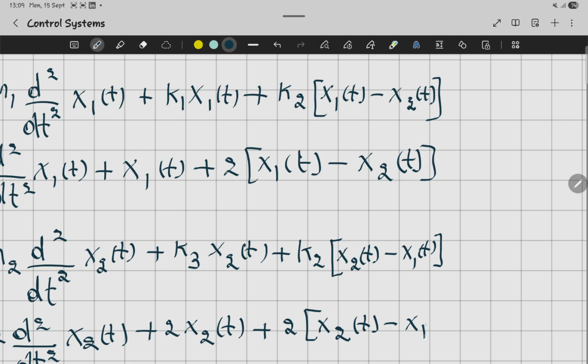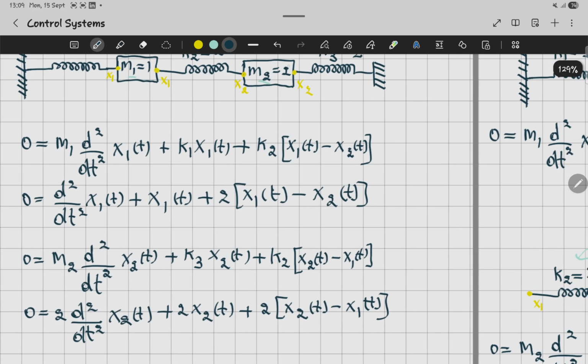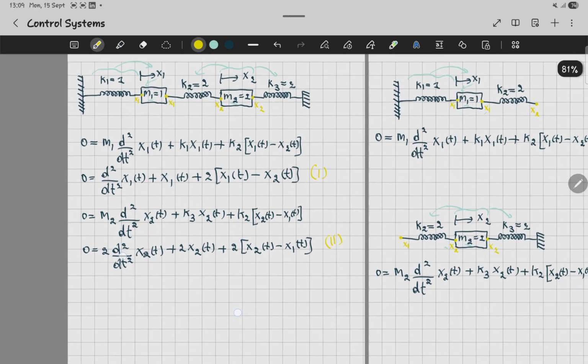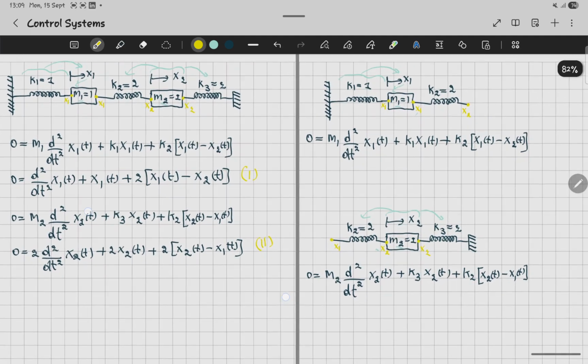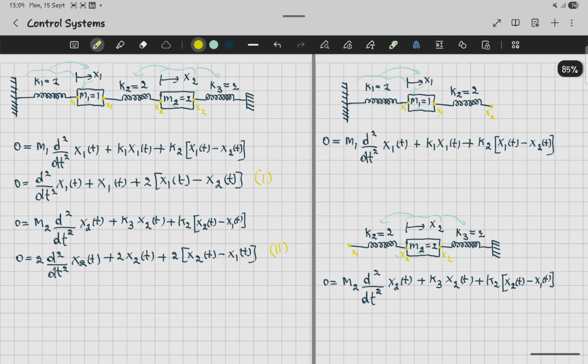And then you can solve for this equation later on. So you're going to have this equation that you're going to solve. Okay, so this is it. That's what we got for this question here.